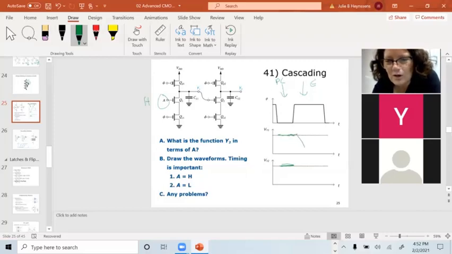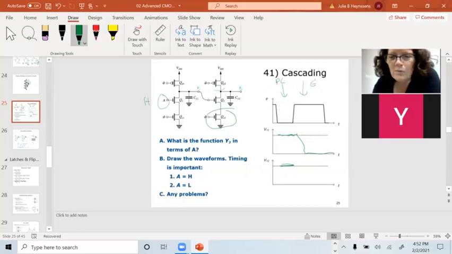Let's say it takes a long time for this to discharge. I get to the next cycle here. Well, I've already turned this transistor on and I've turned this transistor off. This signal right here, Y1, took a long time to settle. It took long enough to settle that it thought the output was high.